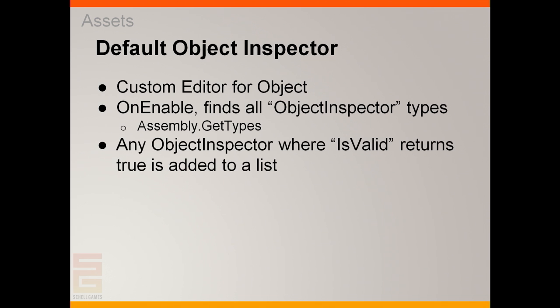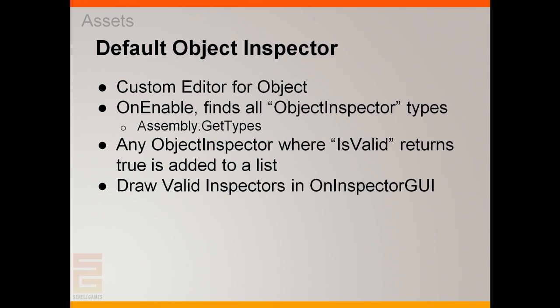Our object inspector has to specify a function called isValid, and we pass into that the path of the asset, and the individual object inspector class that we're defining has to define the criteria necessary to say that this will draw this file. And then on inspector GUI, we draw that.